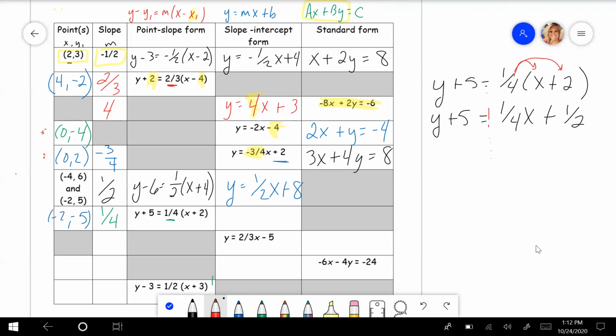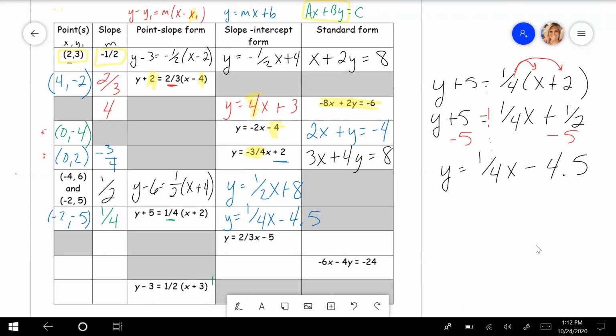Okay, you have your calculators to be able to do that. So I'm going to subtract 5 from each side to get y by itself. Y equals 1/4 x minus 4.5. If you put 1/2 minus 5, that's what you'd get. So I'm going to write y equals 1/4 x minus 4.5.